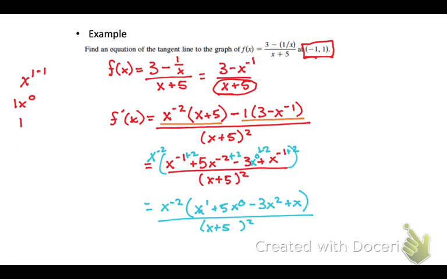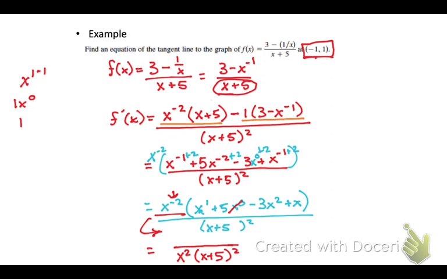Okay, so now this negative 2 brings this x down to the denominator. So it gives me x squared times x plus 5 quantity squared. X to the 0 is just 5, correct?